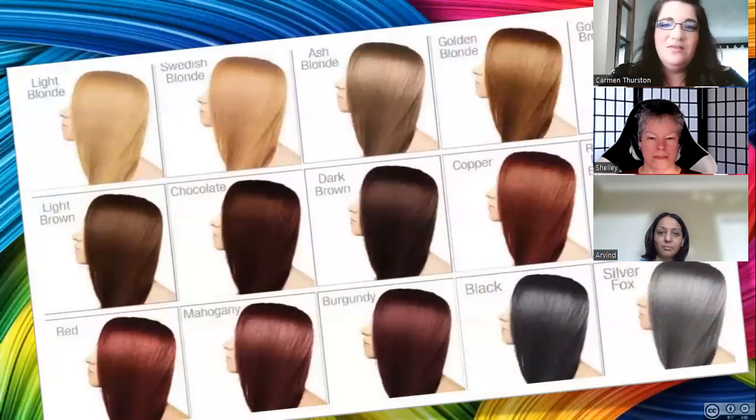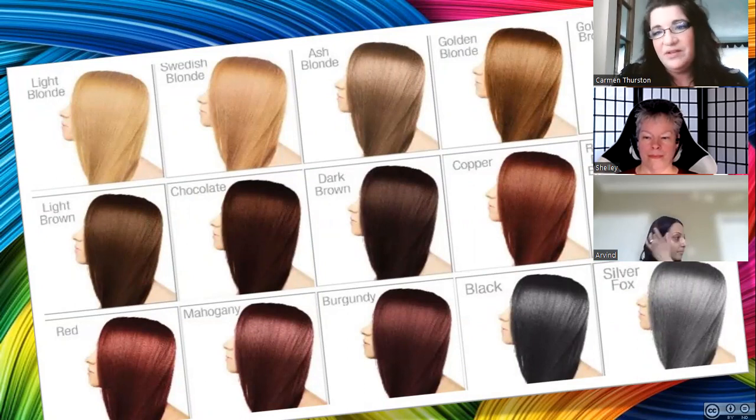Okay, so in the world of hair color, there's obviously so many different brands of hair color that you can use, whether it's salon professional or even, for those of you that do your hair yourself, drugstore products. The one thing that's common among all of them is the hair color types.